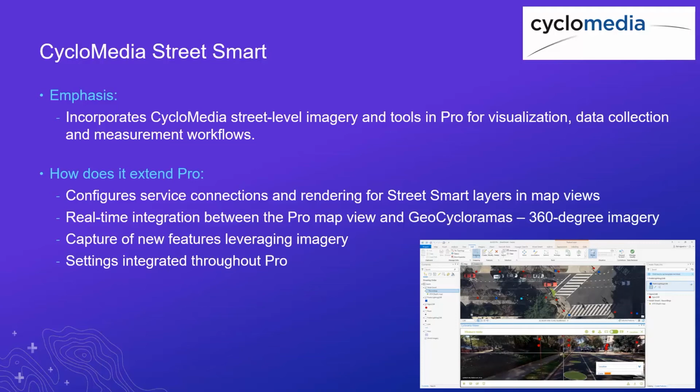It then allows you to see how they're capturing new features through the add-in, leveraging that imagery, and how it's integrated with a traditional map view. Finally, they have settings that have been integrated throughout Pro, so you can log into their Cyclomedia server, and take advantage of different settings throughout the Pro user interface to customize the overall experience.